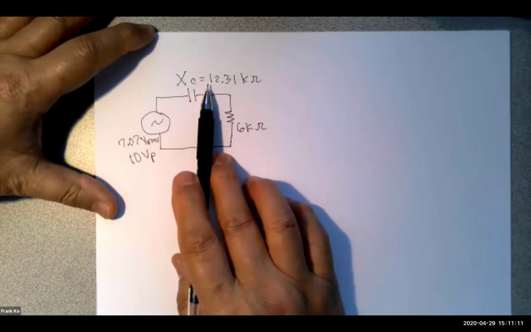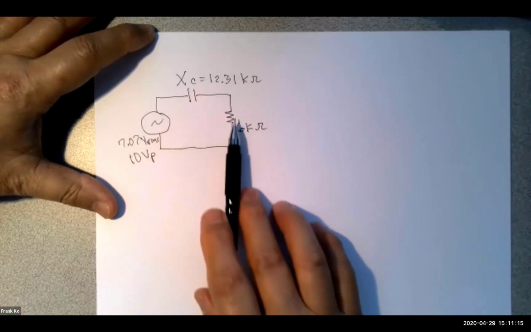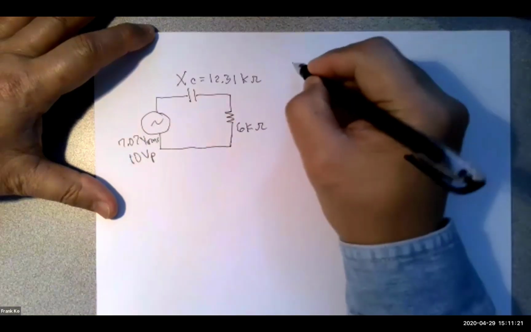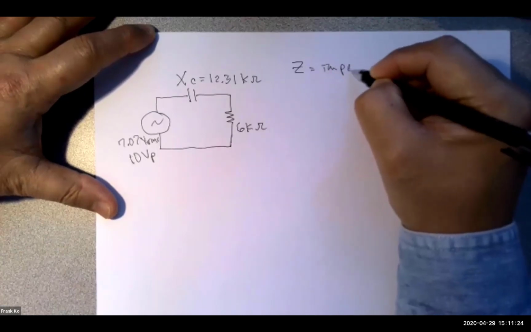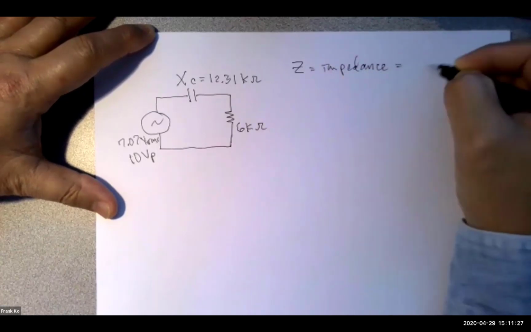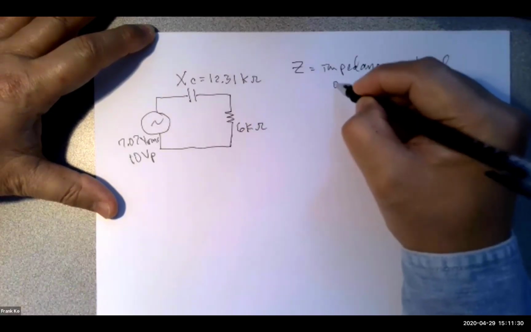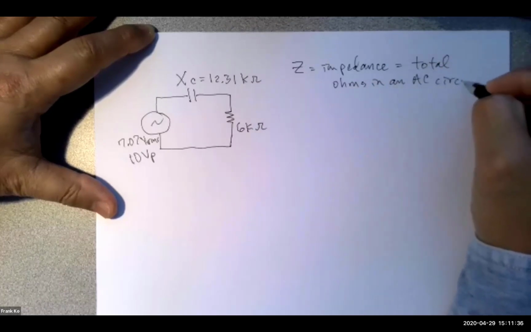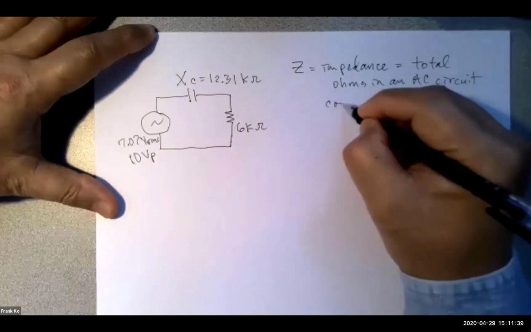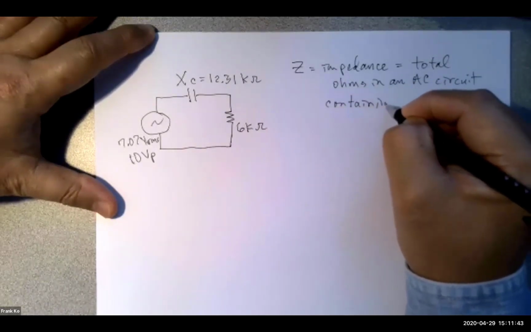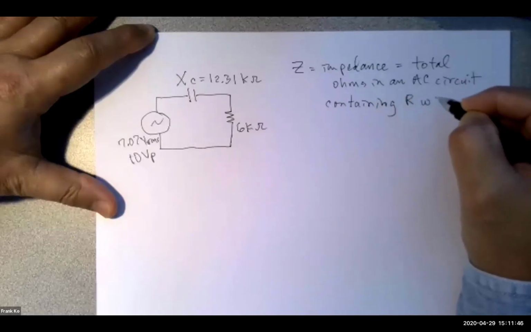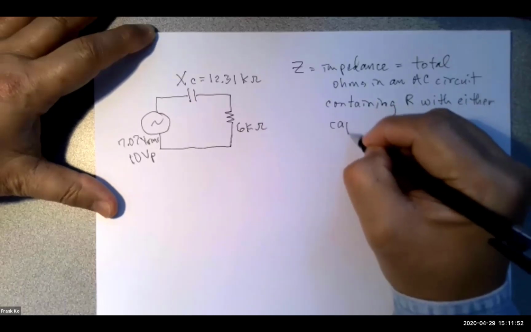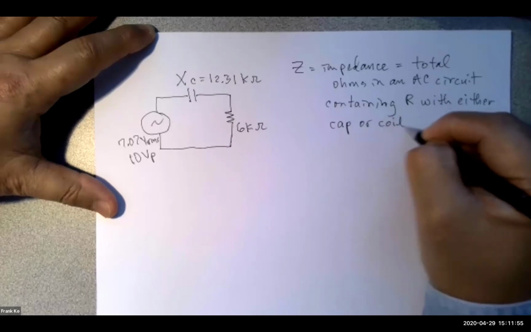I have these ohms, 12.31 K ohms, and these ohms, 6 K ohms, and I need total ohms because Z is equal to something called impedance, which is equal to total ohms in an AC circuit containing R with either cap or coil or both.